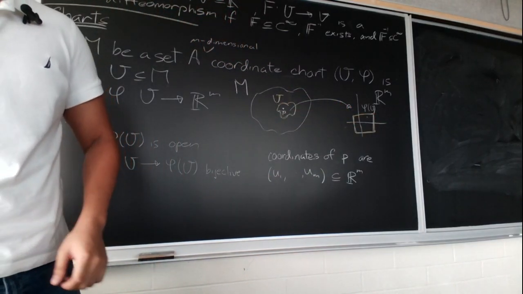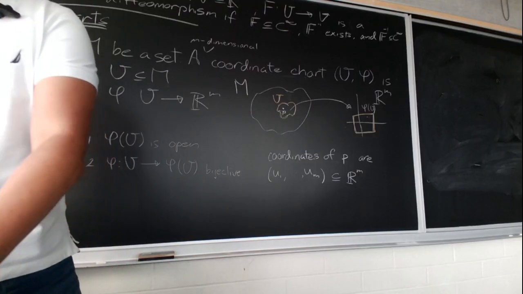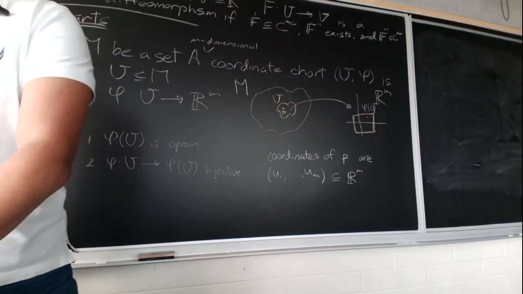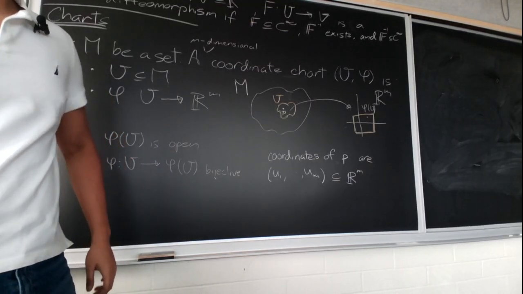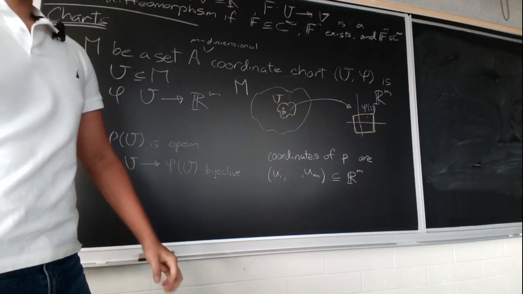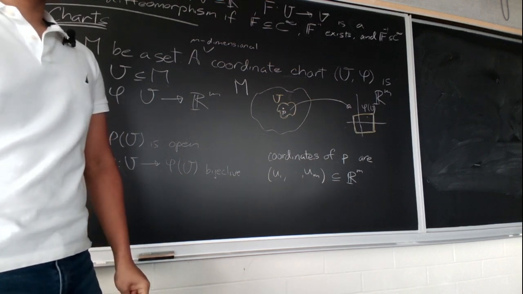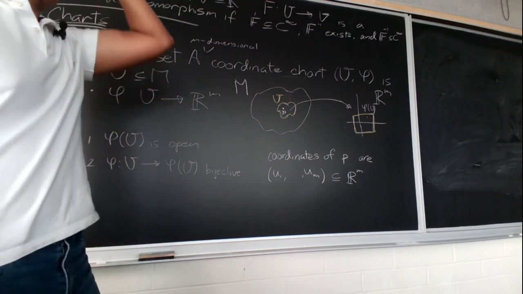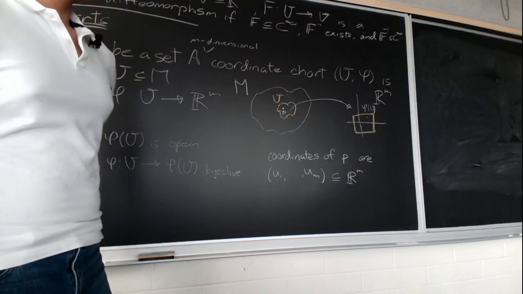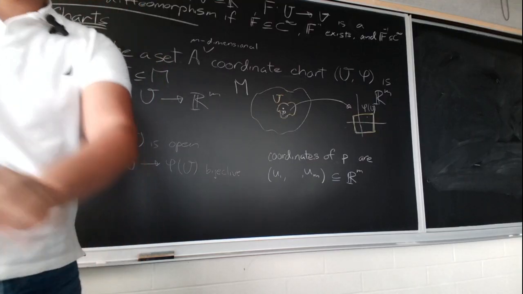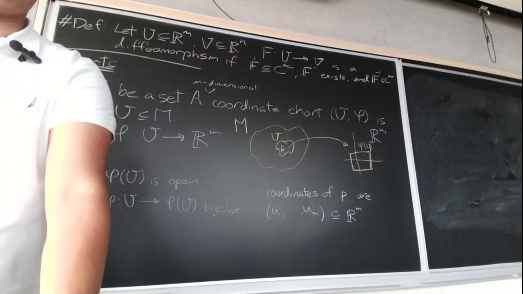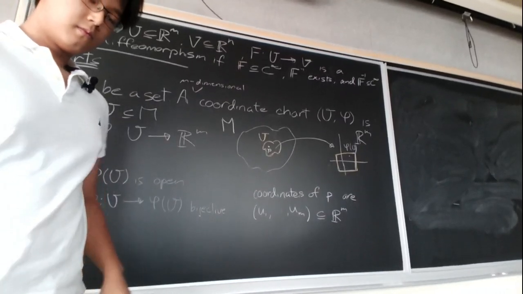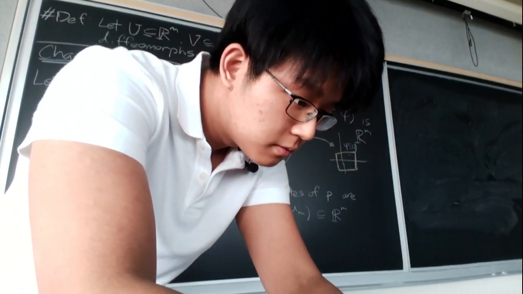I don't know how to do calculus on the object itself. I need more structure. What if I gave this thing some kind of coordinates, at least locally? If I have coordinates locally, then I know how to do calculus on them, because coordinates are just a bunch of numbers. And so we define this chart thing.